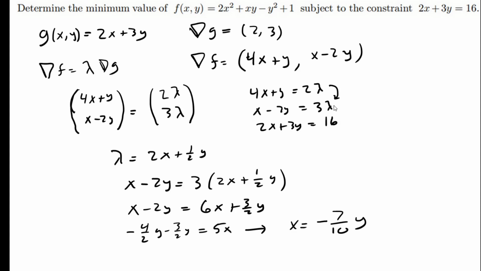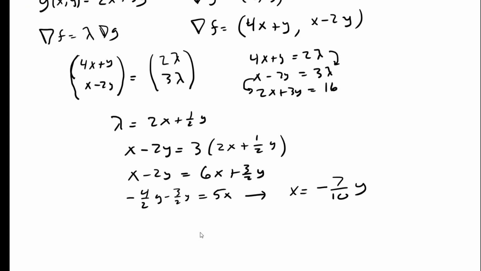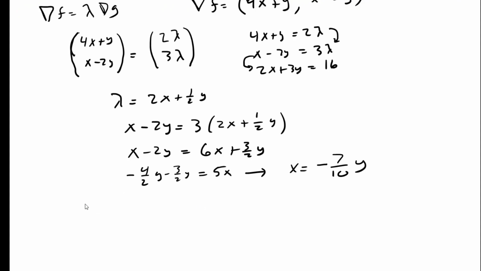Now I take that and plug it into this one. So we have 2 times x, which is minus 7 over 10 y, plus 3y equals 16.